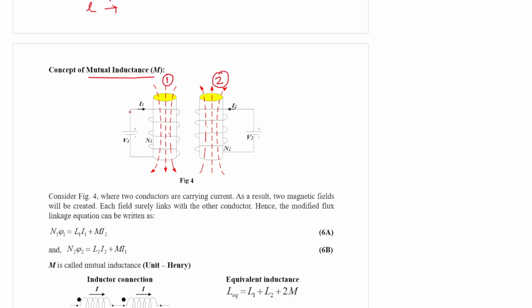One current I1 is flowing in the first and another current I2 in the second. Due to I1, the current is clockwise, so the magnetic field will be in this direction. However, for the second electromagnet the direction is changed, anti-clockwise, so the magnetic field is in this direction.